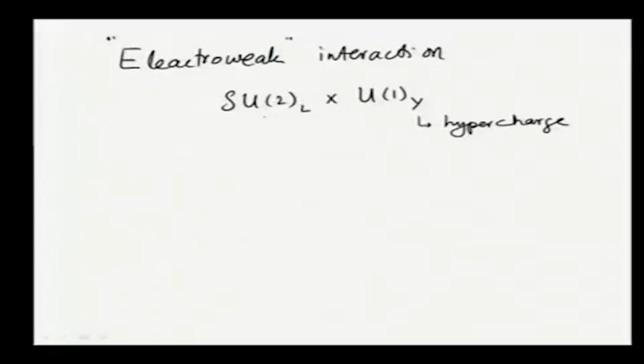SU2 is the same as isospin, weak isospin, whereas the weak itself is now to be understood as used under electroweak interactions. There is a mix up between SU2 isospin and hypercharge in both electromagnetic interaction as well as weak interaction.